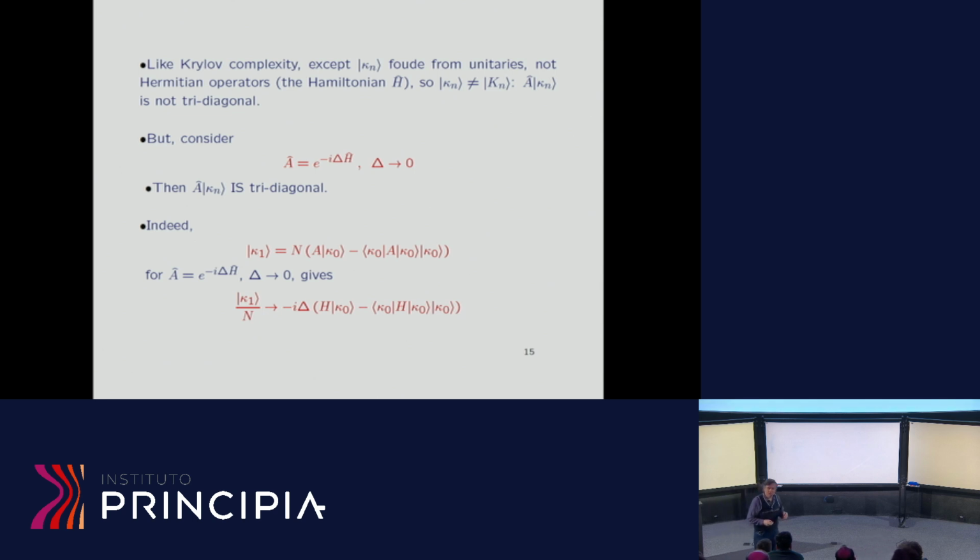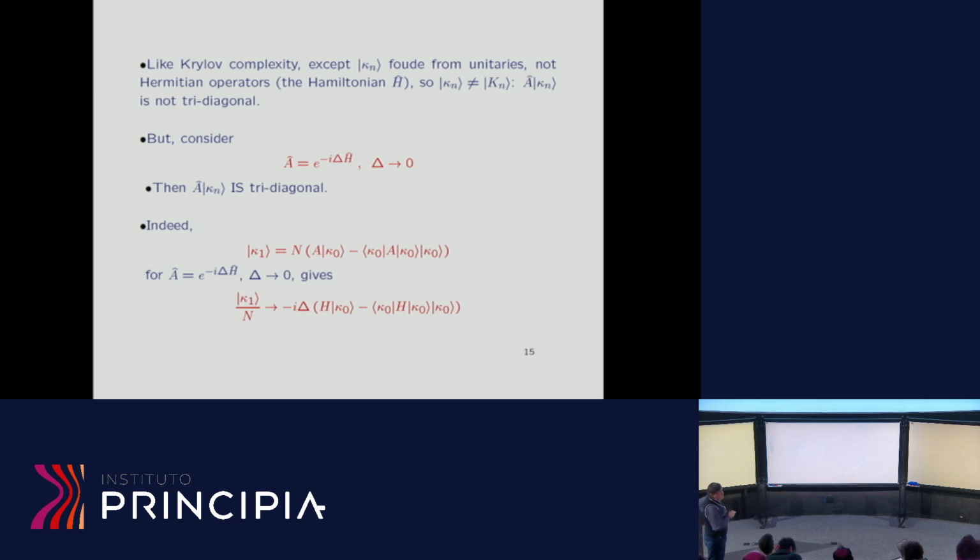So I acted with unitary gates A, and I obtained this basis kappa n, instead of, like the Krylov basis, being obtained from n times action of a Hamiltonian, which is Hermitian, not unitary. As a result, you can check that the unitary gate in this basis is not tridiagonal like the Hamiltonian is.